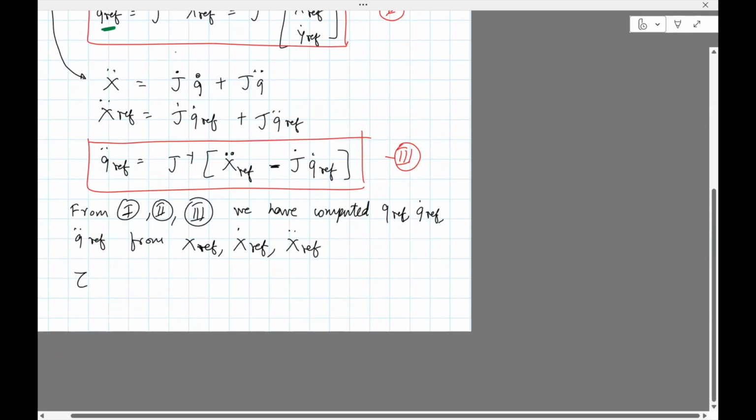And what remains to be done is to use these in this equation of feedback linearization.